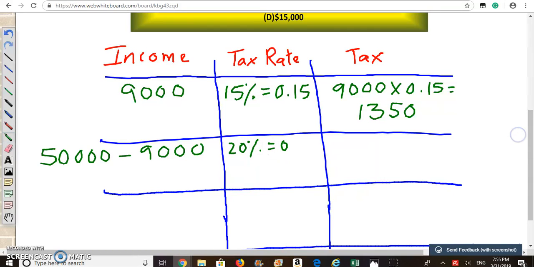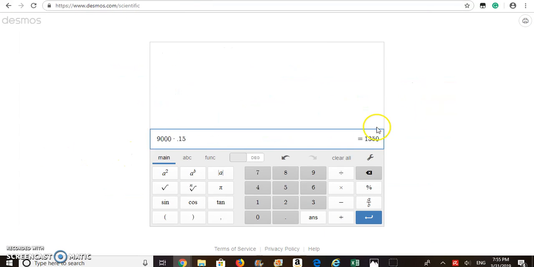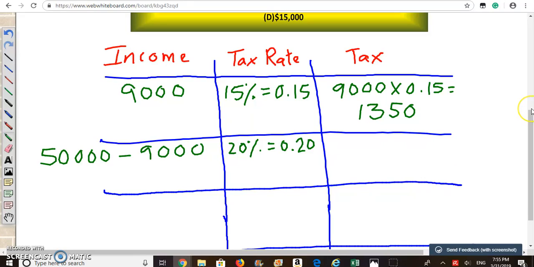So in decimal, we can write it as 0.20. So let us just find out what is 50,000 minus 9,000. So 50,000 minus 9,000 is 41,000. So this is the second bracket of income, 41,000.